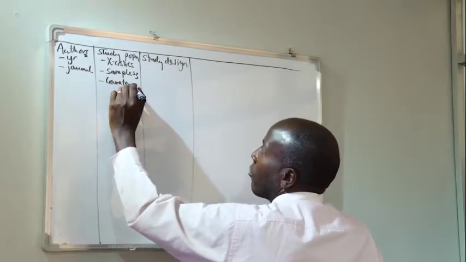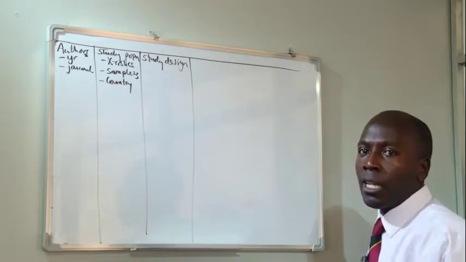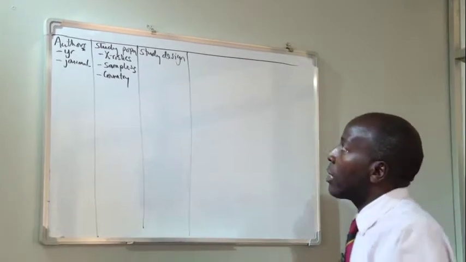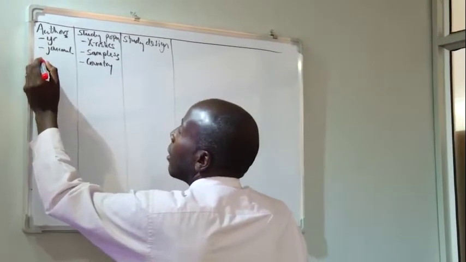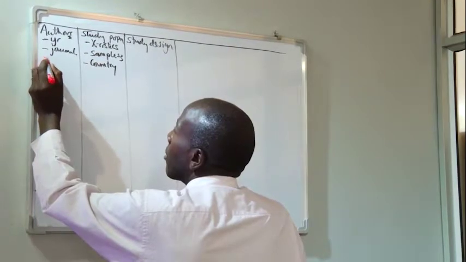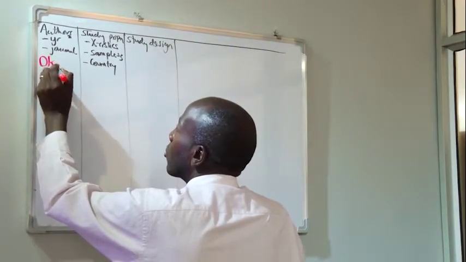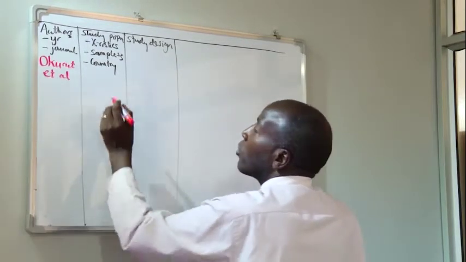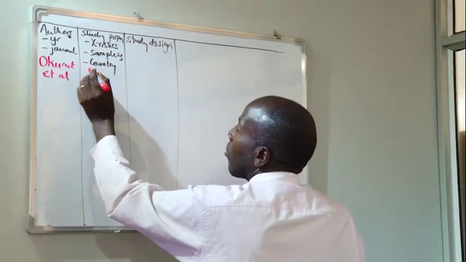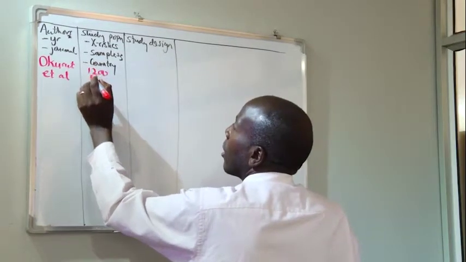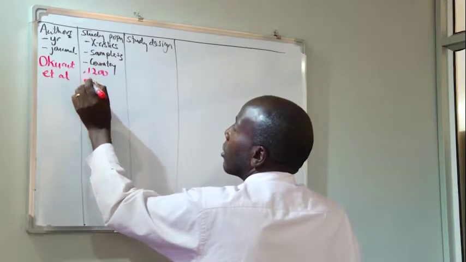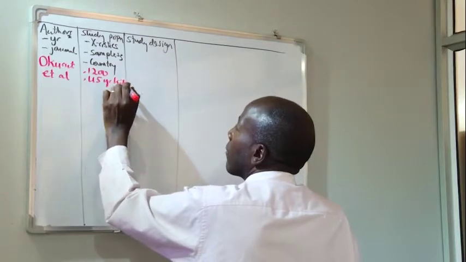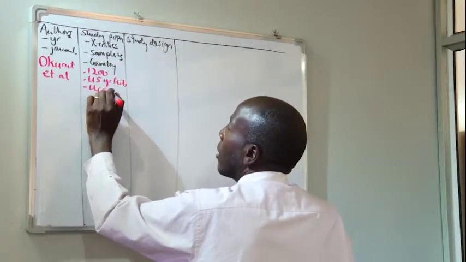For example, if this was a study in children that was done in Uganda among children under 5, and this study was done by, let's say, Okurut et al. and other people, then we would say study done in 1,200 under 5-year children in Uganda.